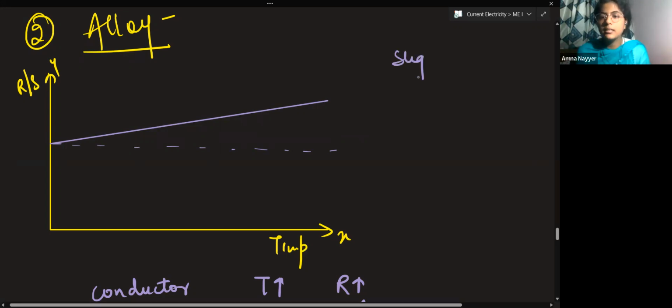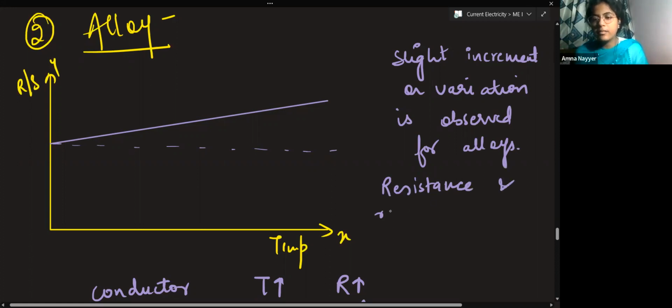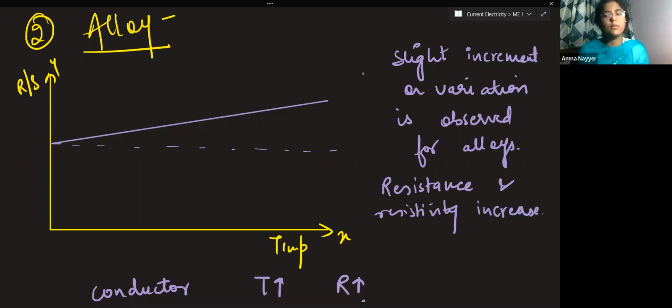So slight increment or variation is observed for alloys. Resistance and resistivity increase. This is the second case, for alloys.